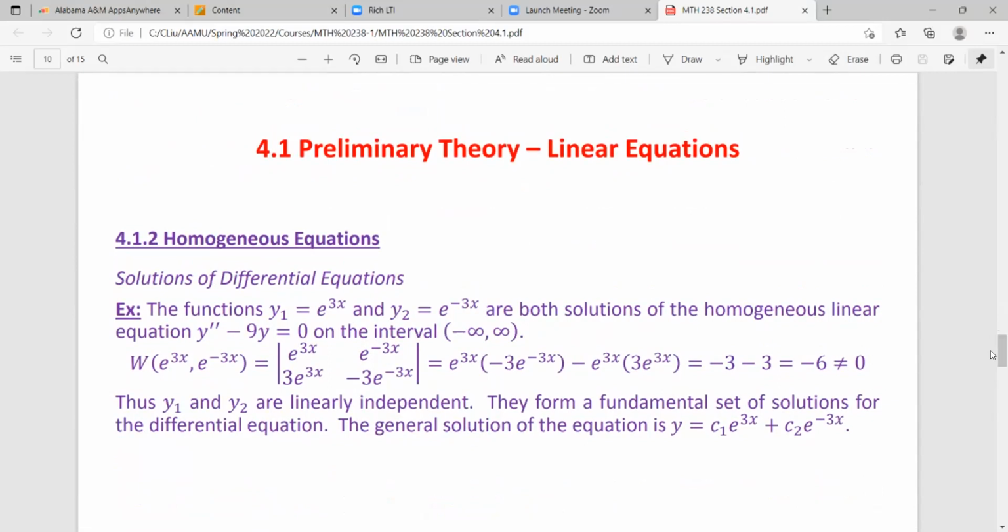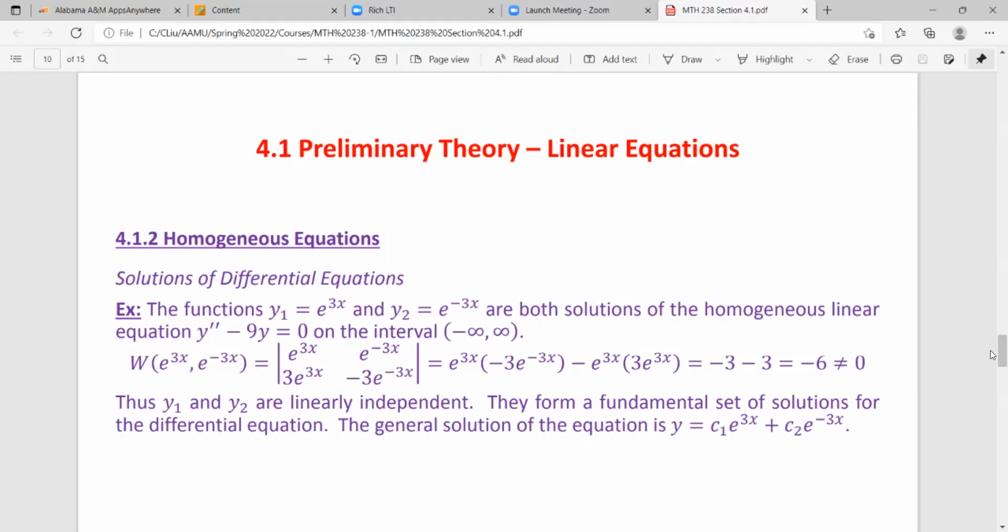Suppose we have a differential equation y double prime minus 9y equal to 0. So this is a homogeneous differential equation in the second order because the right-hand side is equal to 0. And you can easily check that functions y1 equal to e to 3x and y2 equal to e to negative 3x are both solutions of the equation.